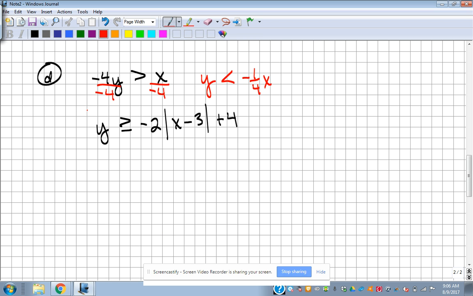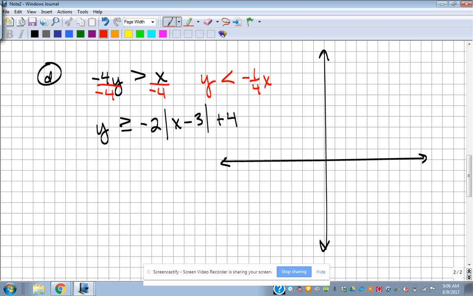The second one's already in the right form. It's in that absolute value vertex form type thing. So we're good with that. So let's graph those and see what happens. That's the spot. All right. So I'm going to graph the top one.